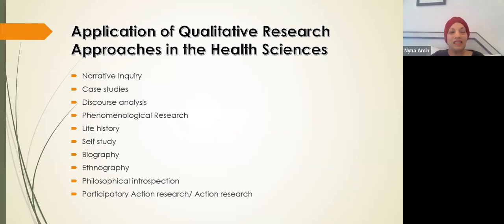Then there's discourse analysis. And discourse analysis really looks at the way one analyzes what we call utterances. Utterances are not sentences or statements. An utterance could be something like "stop" or "sorry." Sorry is a really nice example. What is the difference when one says "sorry" or if one says "I'm sorry"?